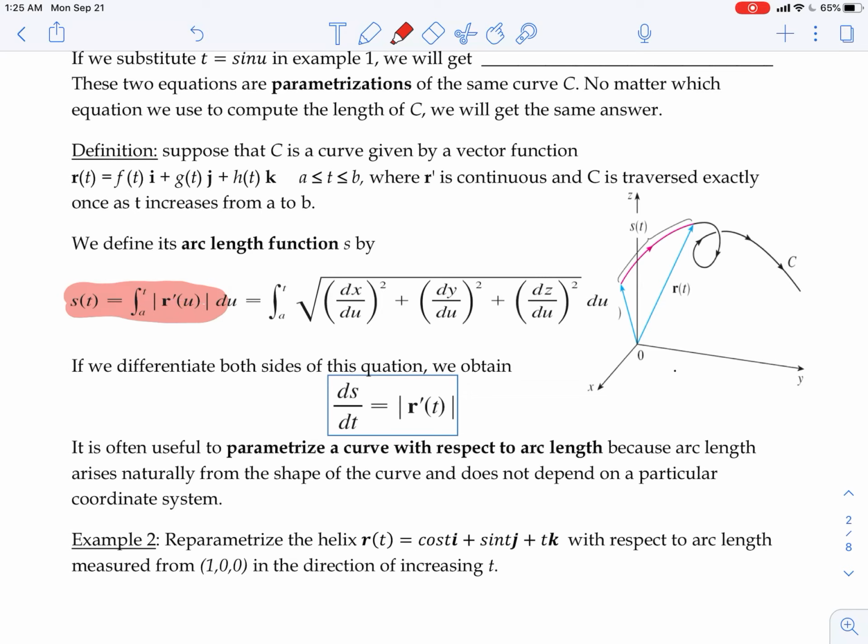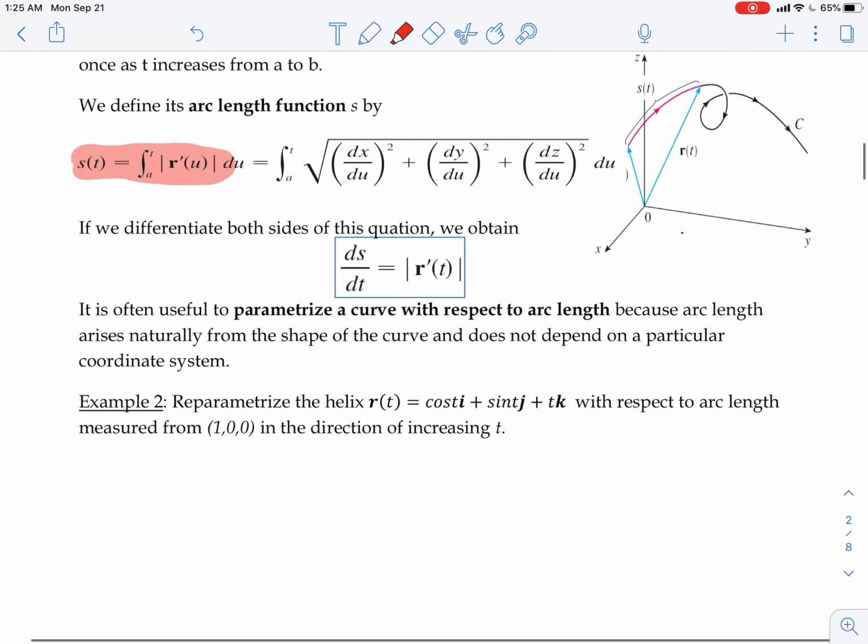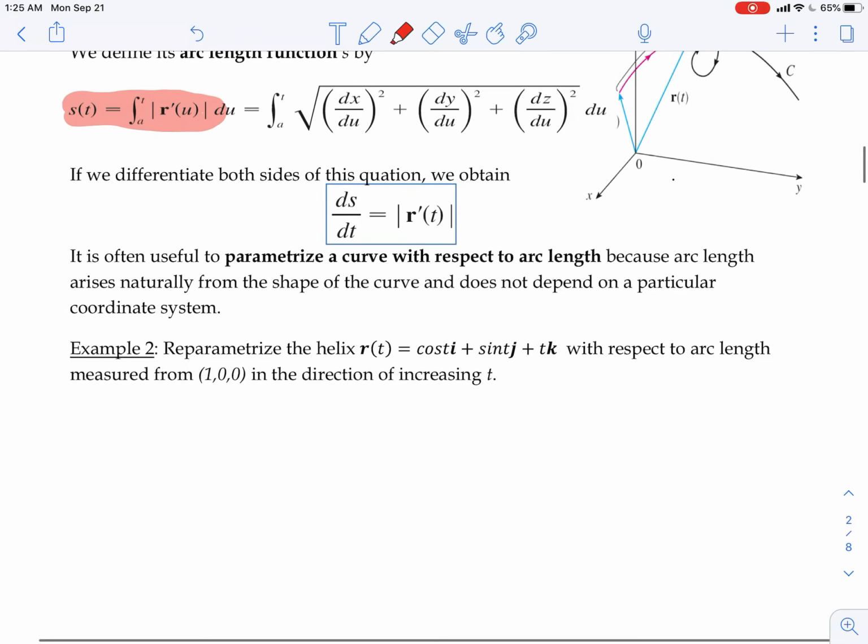So s is what we're going to say for arc length. Then we'll substitute in a dummy variable u instead of t as our variable, and we're going to go from some starting point a to t. All right, so let's go ahead and see what that looks like.